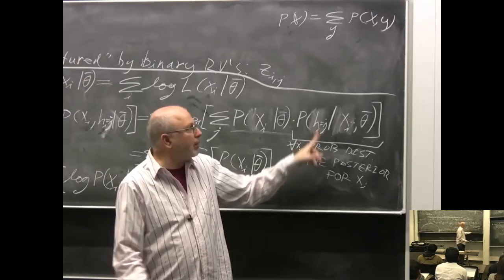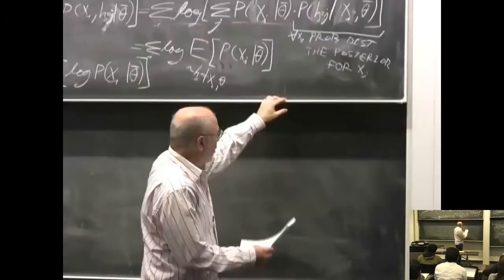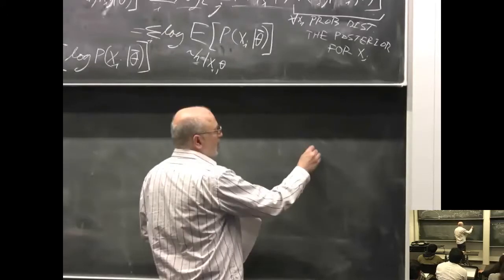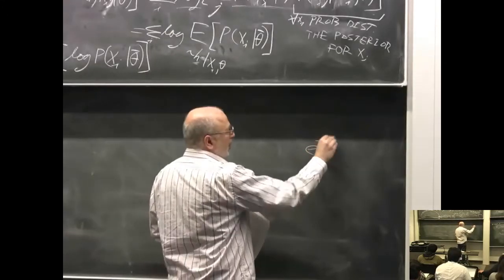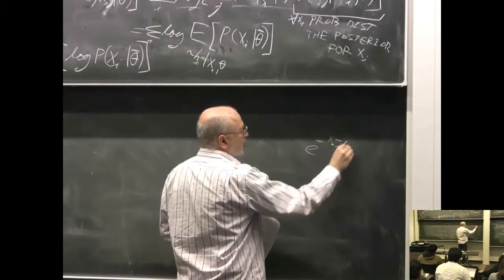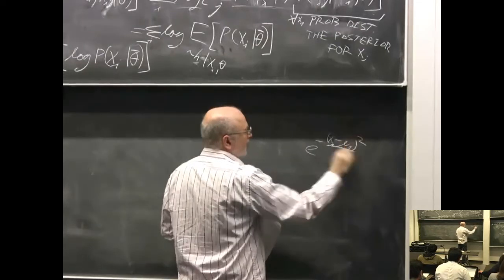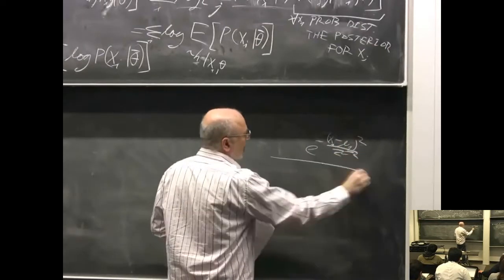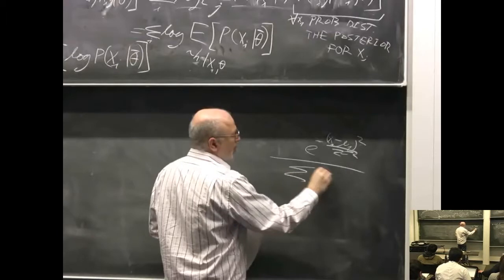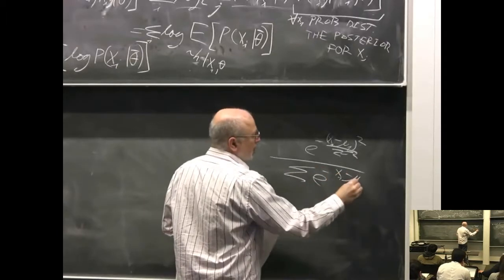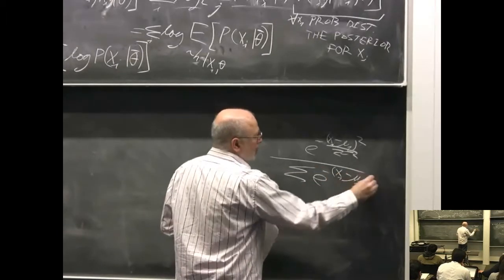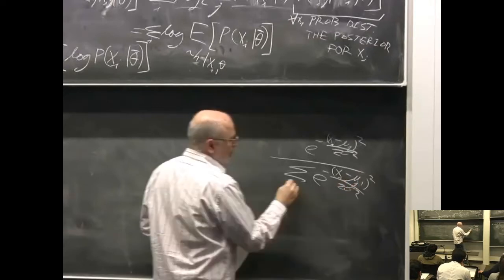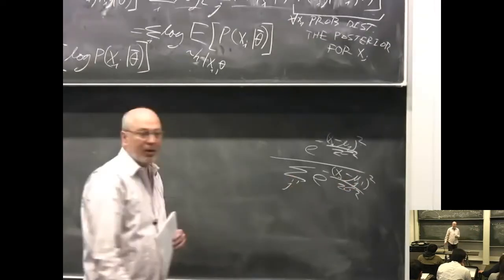To remind you, it was e to the negative xi minus mu j squared over 2 sigma squared, divided by the sum of e to the negative xi minus mu j prime squared over 2 sigma squared, where j prime is summed over.